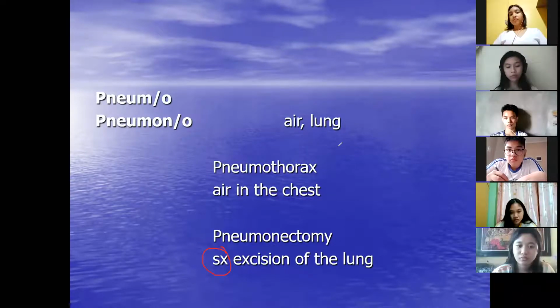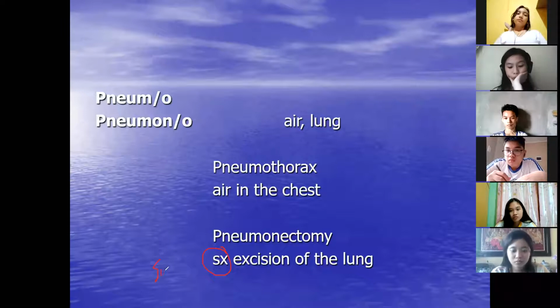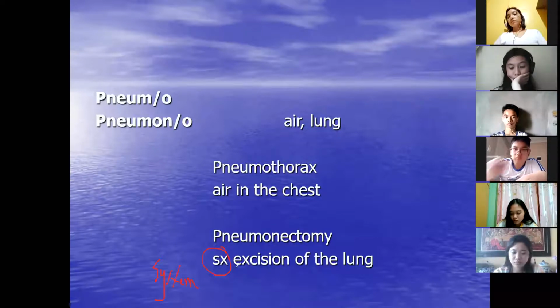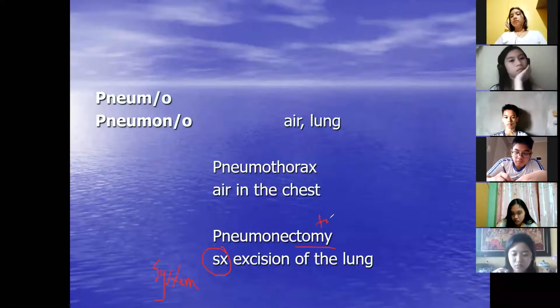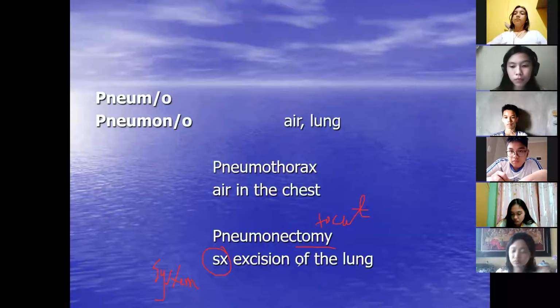SX is a medical abbreviation which means system. So pneumoectomy means system excision of the lung. Tomy means to cut. So it's like a cutting of the lung. Pneumoectomy, system excision of the lung.